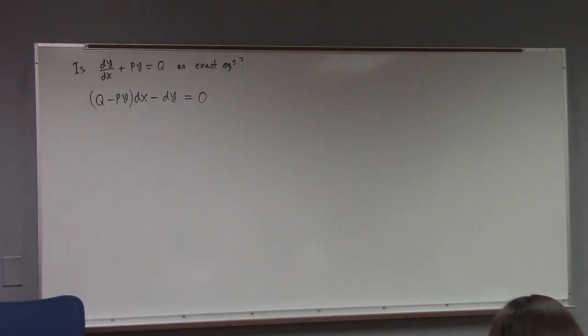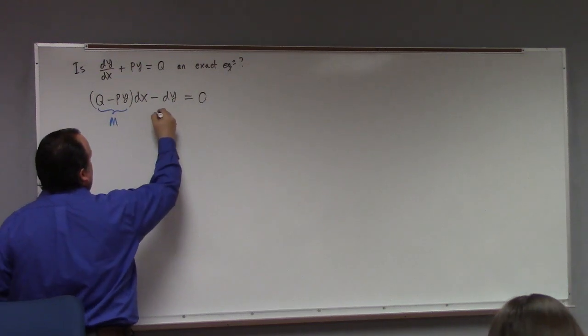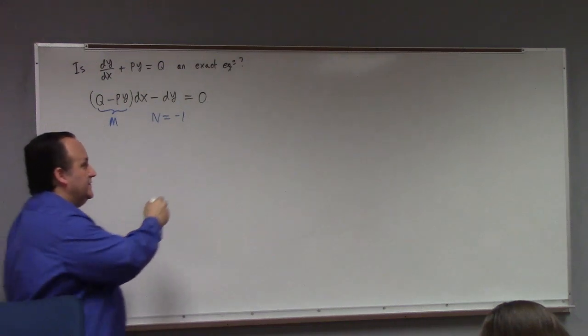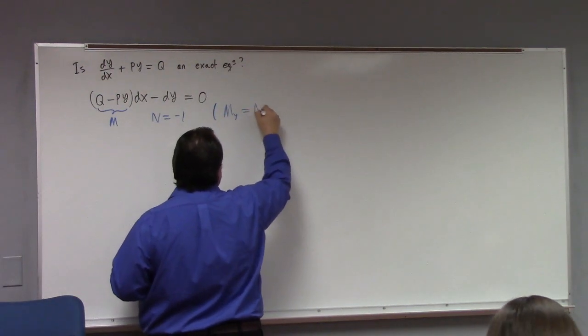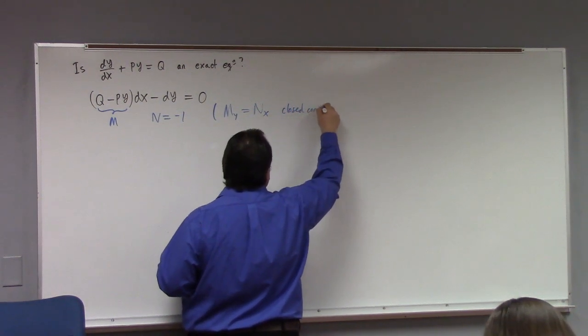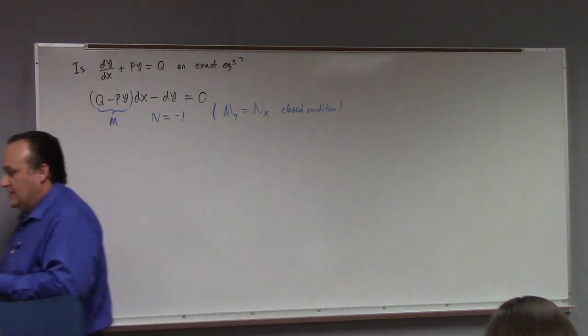So it's helpful for me to change notation. Let's think of this as the M. This is my M, and over here I've got N equals minus 1. Remember what the closed condition was? We need M sub y equal to N sub x as our closed condition. And that's a necessary condition if this is going to be an exact equation.